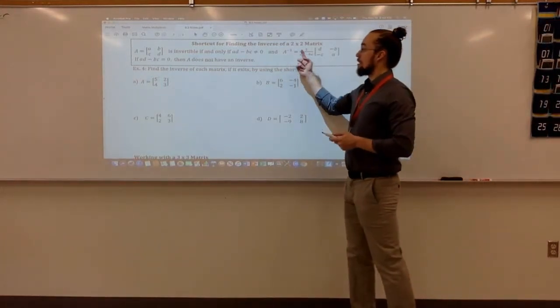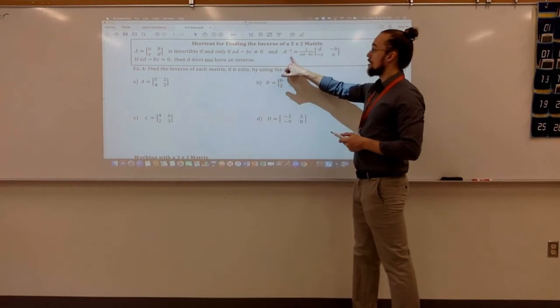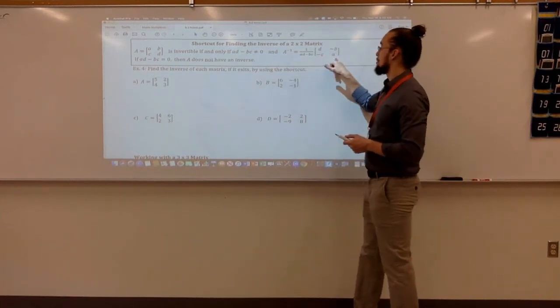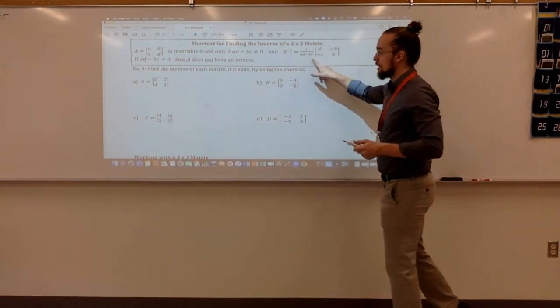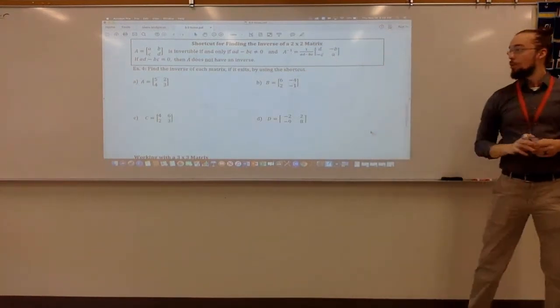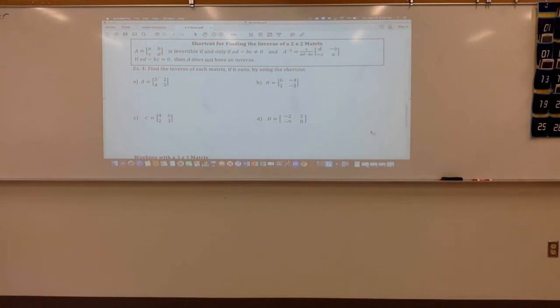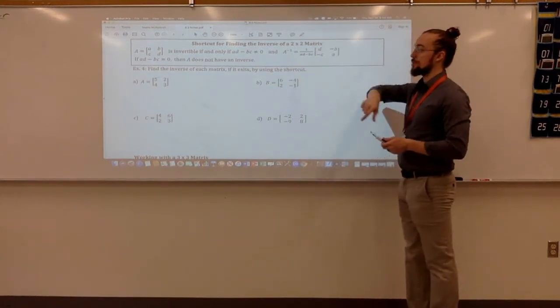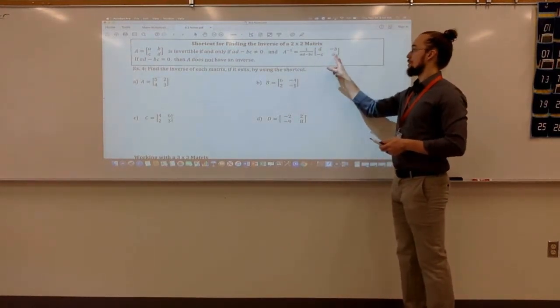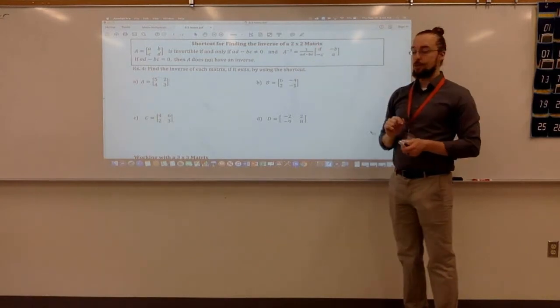Then the inverse has to equal this. Okay? 1 over A times D minus B times C. And then I'm just switching these two entries. So A goes here, D goes up here.